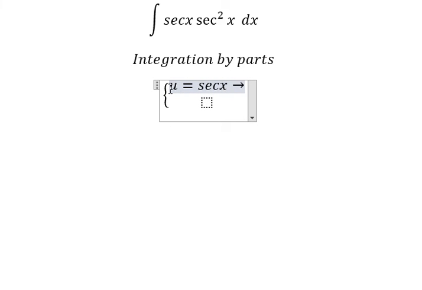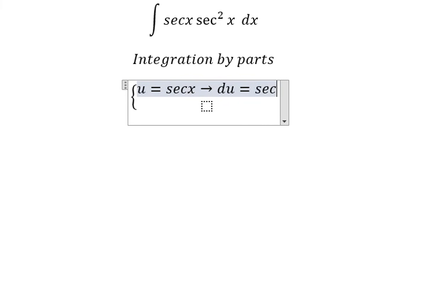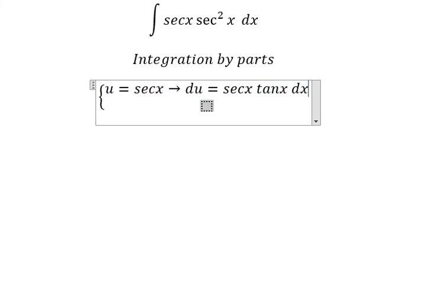Later, we take the first derivative of both sides, and we have du equals secant of s tan s ds. dv, we have secant of s squared ds. The integration of this one, we have v equals tan s.